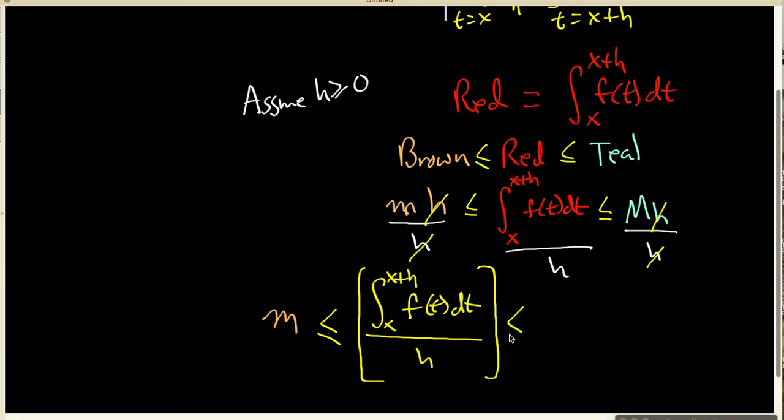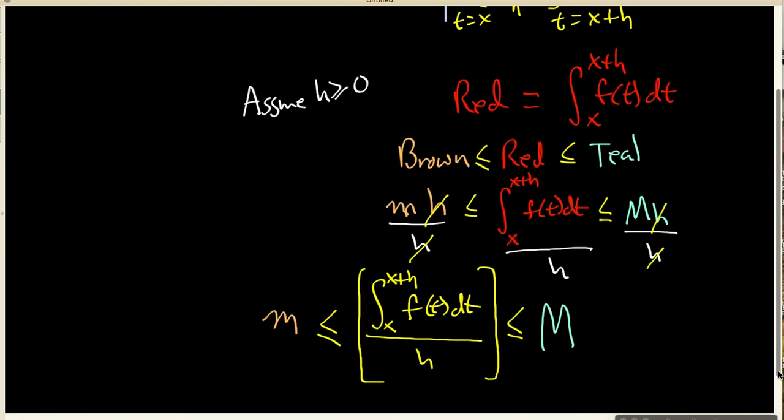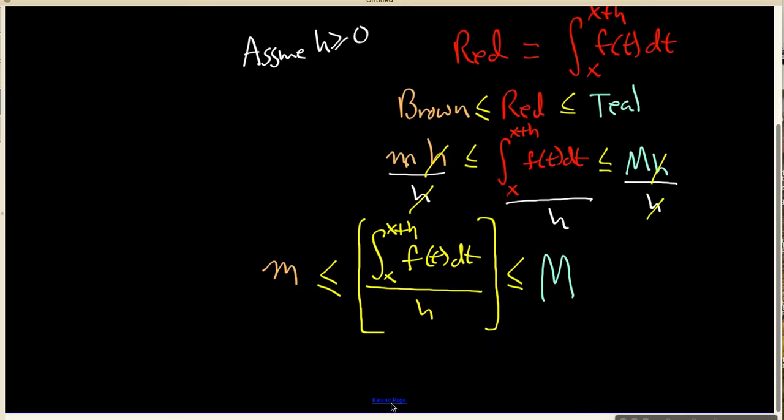And that's going to be less than or equal to the maximum value the function takes on the interval between x and x plus h. So this particular statement is true for the interval x to x plus h.